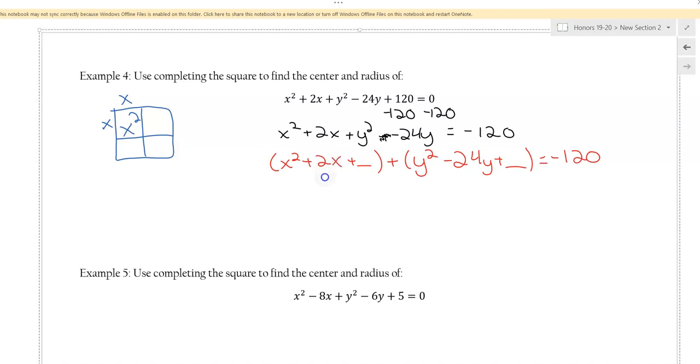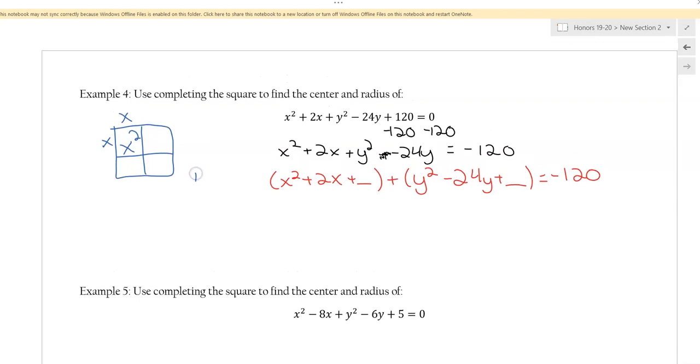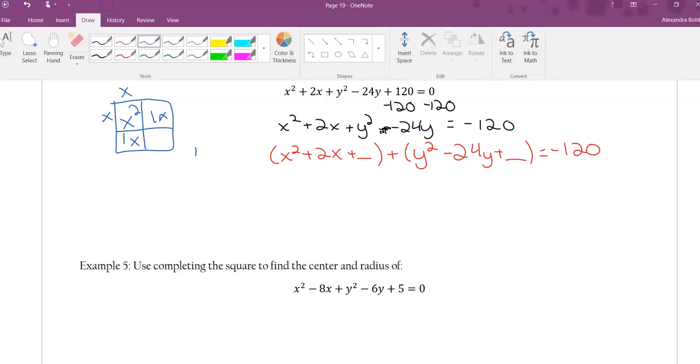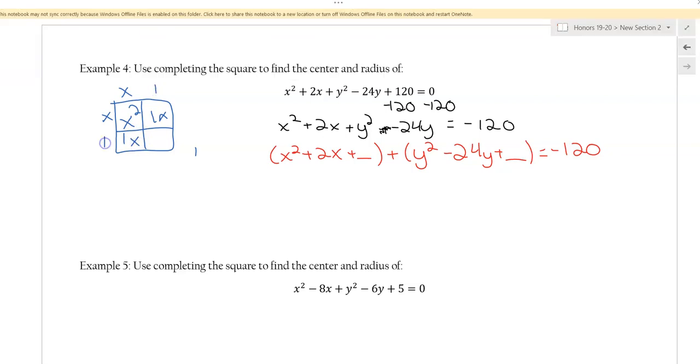This 2x, I have to divide it by 2, right, and we get 1. Okay, and we get 1x here and 1x here. So that's 1 and 1. And 1 times 1 is 1. 1 here. Oops, I forgot my blanks here.